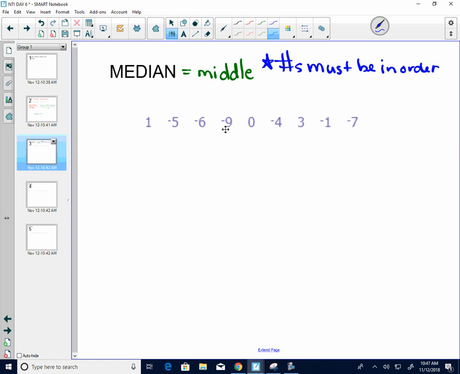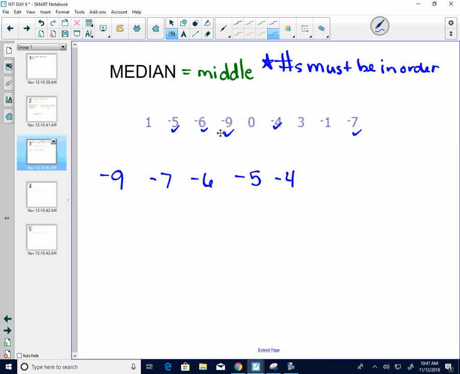So the smallest number we have here is -9. Then we had -7. We got a -6, -5. And I like to put a check mark when I write them down, -4, so that I know that I've used them and I don't repeat them.